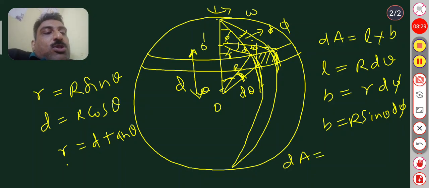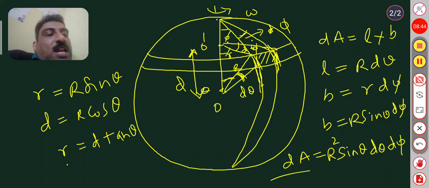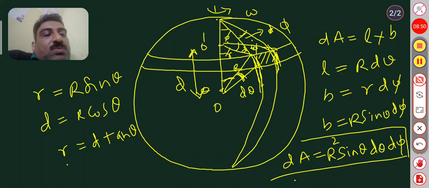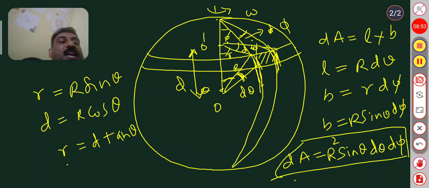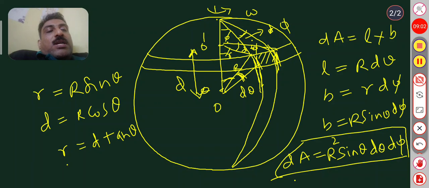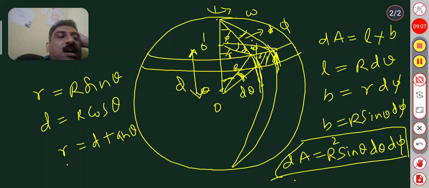So the area, length into breadth, comes out to be R square sine theta d theta into d phi. This is the area of the small element on this ring.